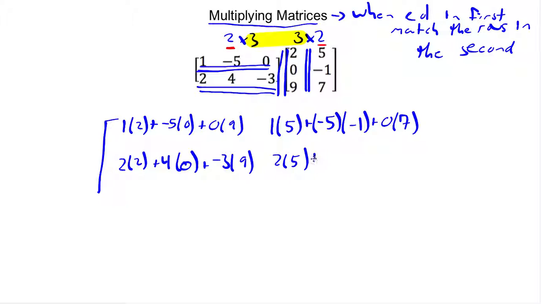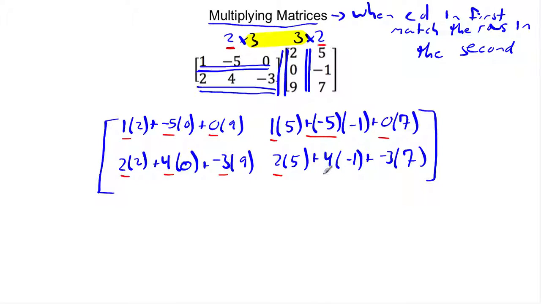So I do 2 times 5 plus 4 times negative 1 plus negative 3 times 7. One thing to take note of is, see how this first row is 1, negative 5, 0? You should have that for all your elements in your first row. The second row is 2, 4, negative 3. I should have that for all elements there. Similarly, the columns go 2, 0, 9 and 5, negative 1, 7.